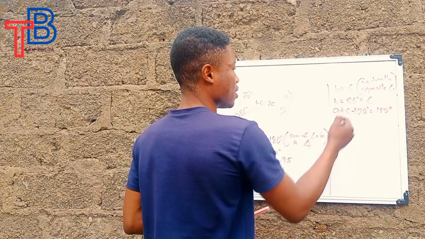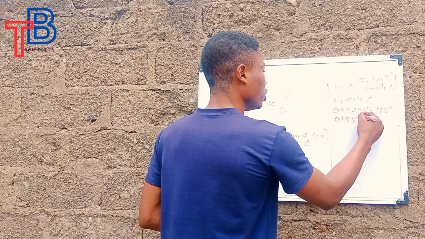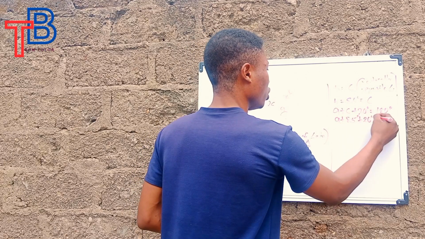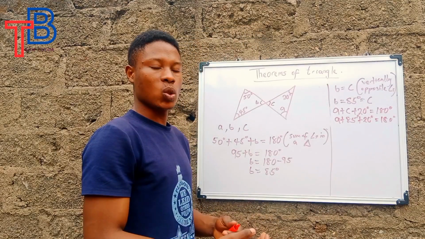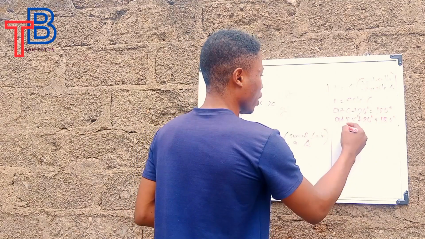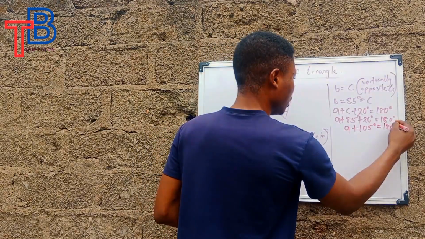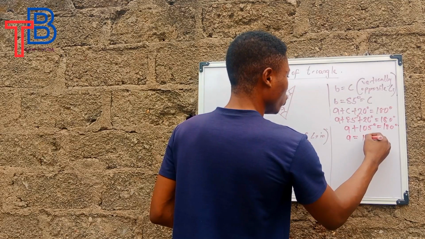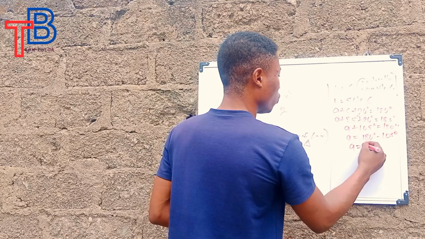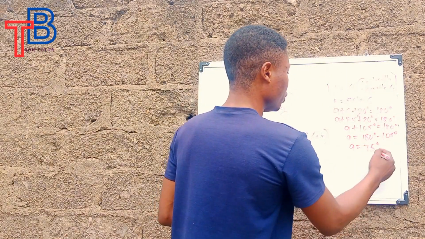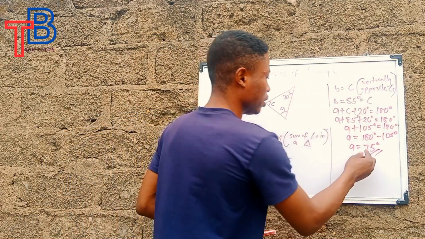Recall that our c is 85, therefore you have a plus 85 degrees plus 20 degrees equals 180 degrees. And 85 plus 20 gives you 105. You have a plus 105 degrees equals 180 degrees. Your a equals 180 degrees minus 105 degrees, and your a equals 75 degrees. And that should give you the final answer.